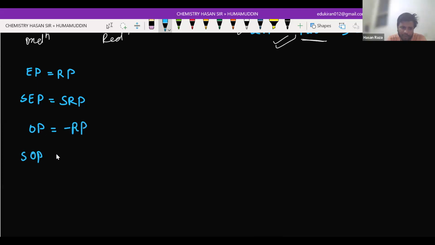Standard oxidation potential will be equal to minus of standard reduction potential.